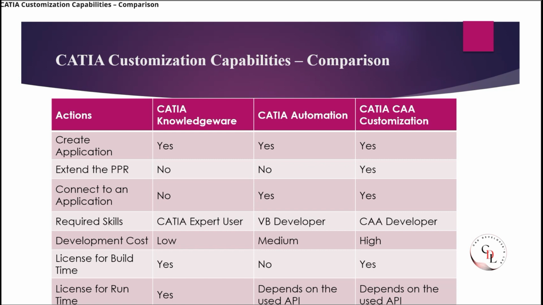License for build: yes, it's required. For CATIA automation, we don't require that license. It comes in the default bunch of the CATIA package, and in CAA customization, we need licenses. License for runtime: yes, for knowledgeware we need it, and in CATIA automation it depends on some API. If we use some CAA API, at that time we need those licenses. The same thing with CAA.